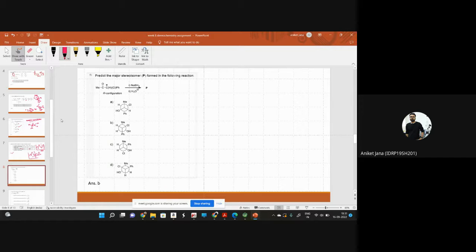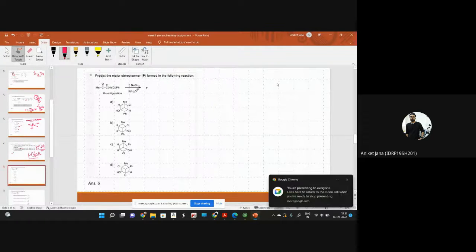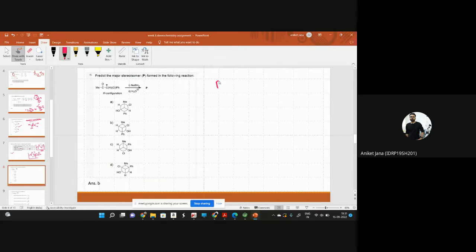Whenever some strong dipole group is present on the stereocenter adjacent to the carbonyl group, then the molecule adjusts or orients itself in such a way that the chloro or the strong dipolar group is anti to the carbonyl group. So let's discuss how it proceeds. The configuration given is R configuration, so this way we can write the R configuration.